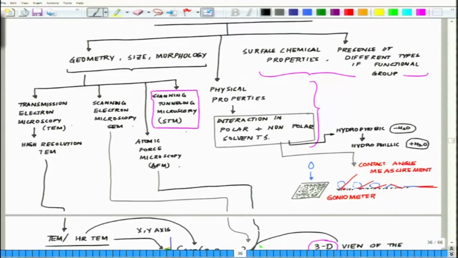What you have to do is introduce multiple OH groups into that material. These OH groups will eventually form hydrogen bonding and lead to a material which is hydrophilic in nature.